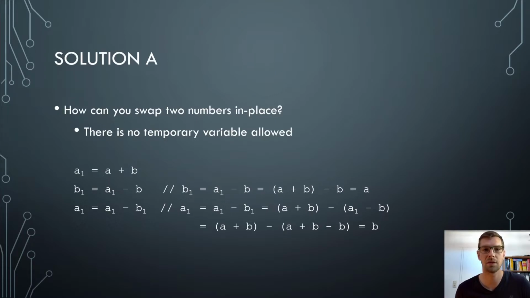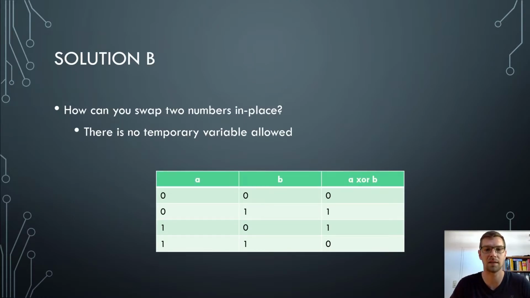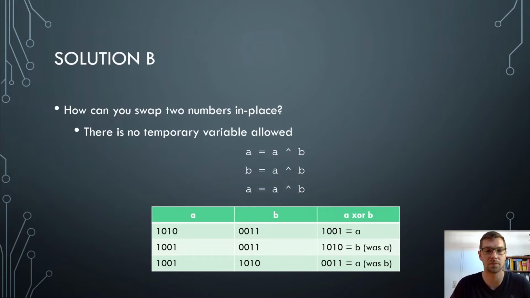So it is a little bit difficult to solve it then. So we have another approach, and that is the XOR approach. If we look at XOR and we have just our bits, then if the values are equal, our XOR value is 0, and if the values are not equal, our XOR value is 1.